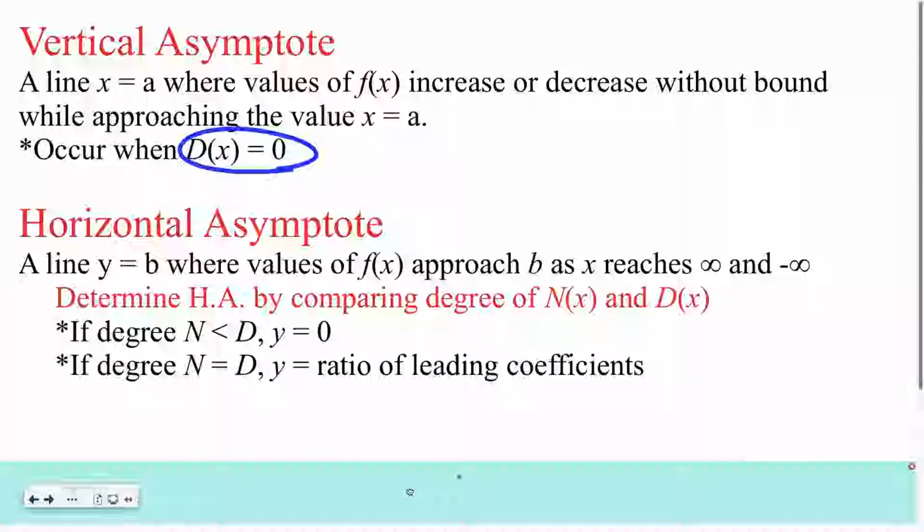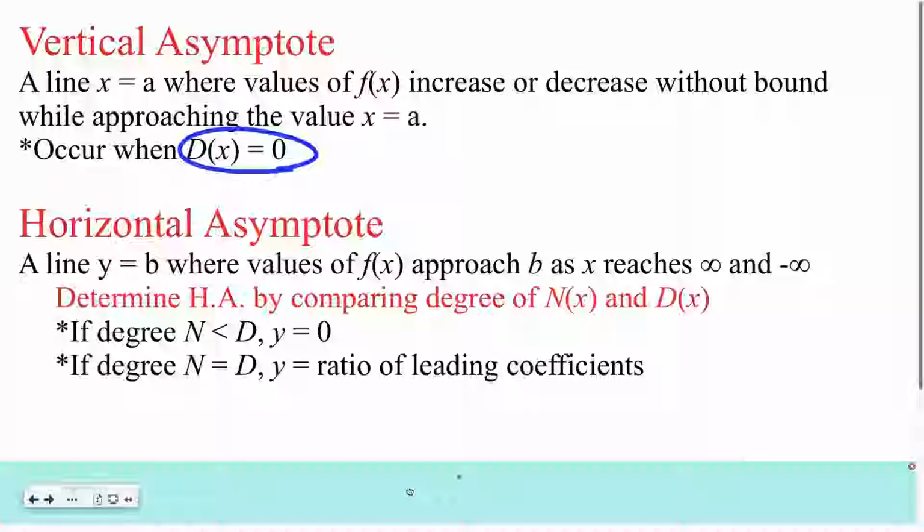And when we get to an example, I'll show you more of what that means. I believe in Algebra 2, this is something that you did, so it shouldn't be brand new news. But if you have a second degree divided by a second degree, then you're going to take the coefficients of those terms in numerator and denominator, and whatever their ratio is where we have our horizontal asymptote.